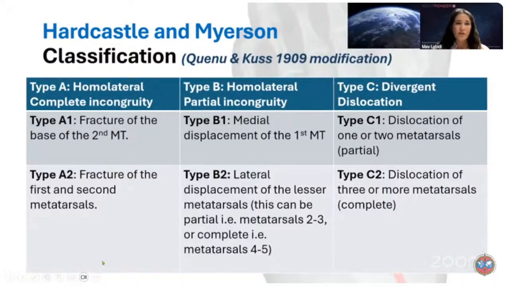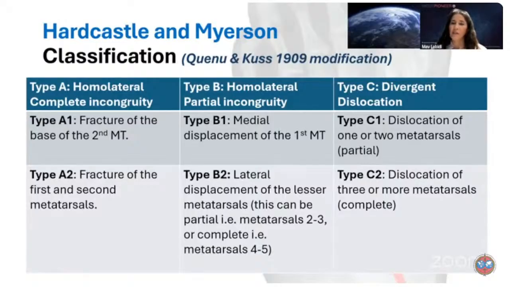Some would mention that they sometimes have an A1, A2 with a base of first metatarsal fracture or base of second, but that's variable. Then the B classification is homolateral, so partial incongruity. So it goes with a medial displacement of the first ray or a lateral displacement of the second, third, or more when it's complete.